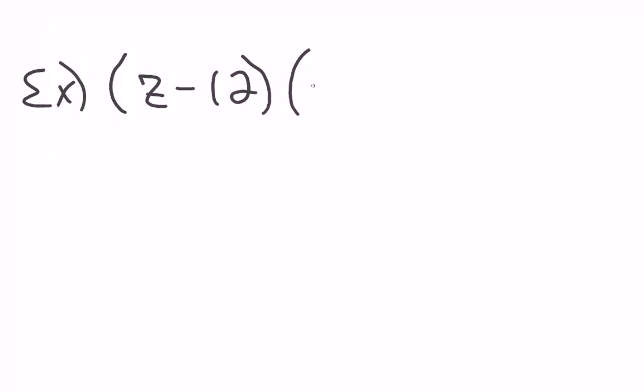All right, we are going to do one more special case. And so we have z minus 12 times z plus 12. So these ones look almost identical as in the last two examples, except one is plus and one is minus. So this is a special case where everything's the same except we have plus and minus.